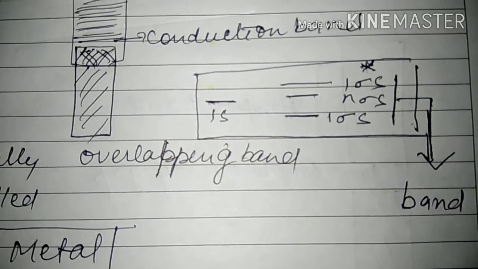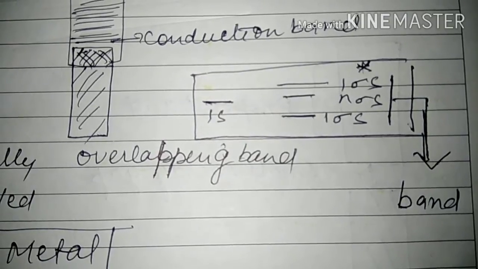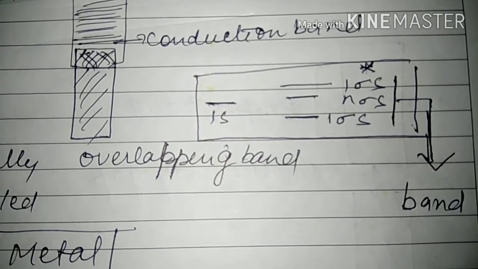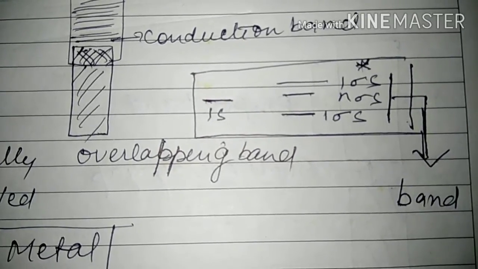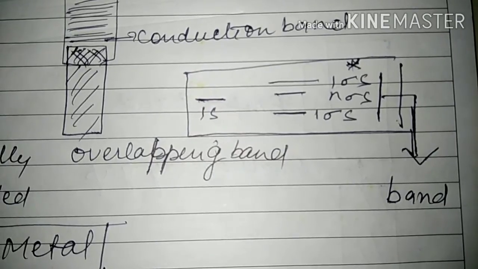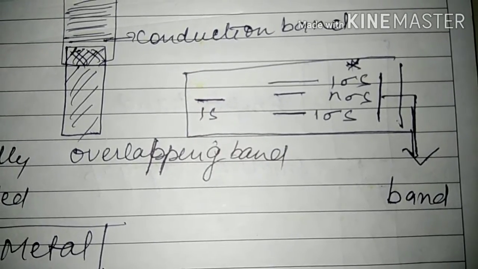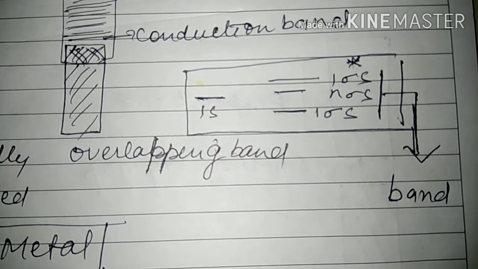They are so closely attached to each other that they form a band type of structure. The closeness of these bonding, anti-bonding and non-bonding orbitals is very, very close, so conduction in metal is very easy.